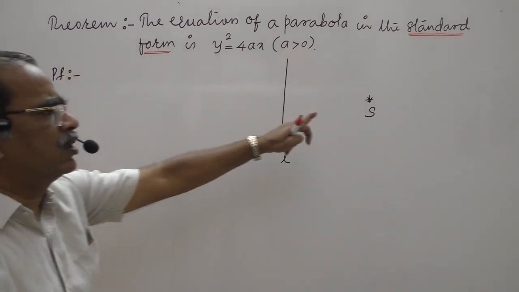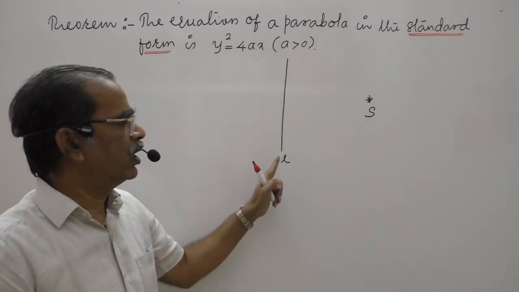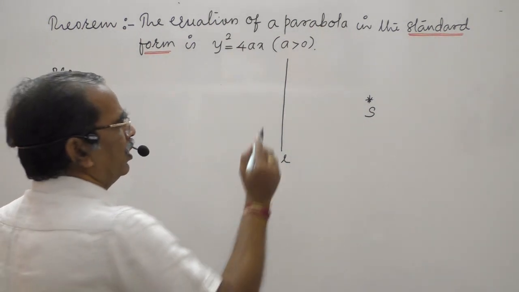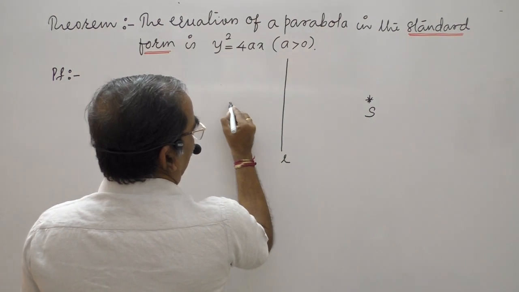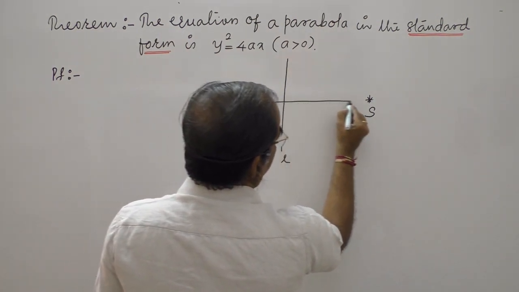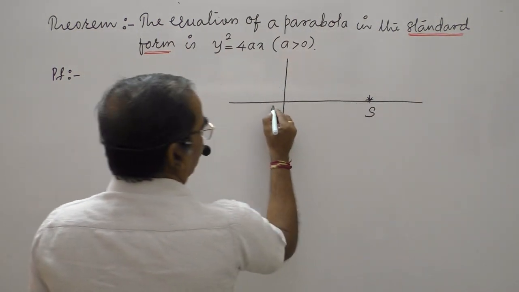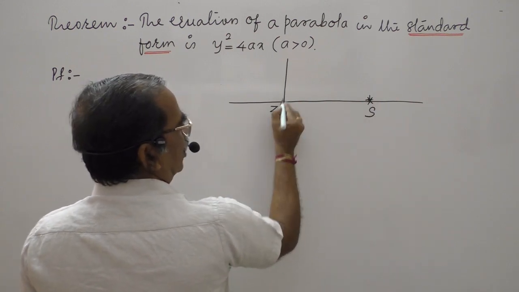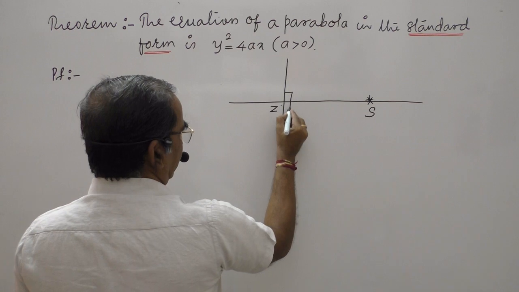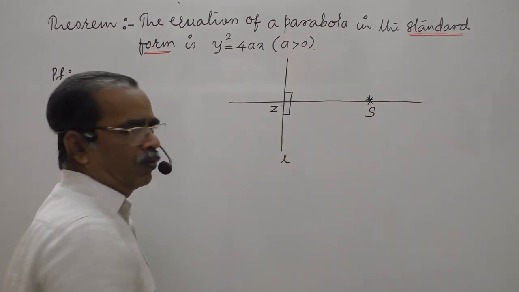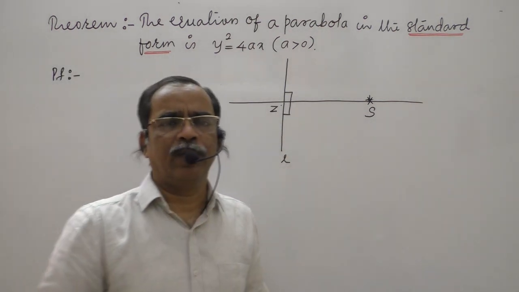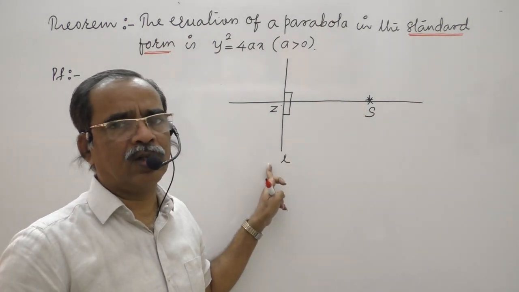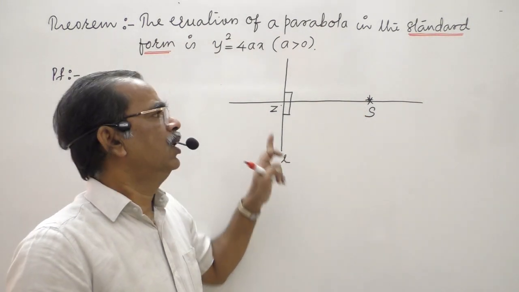Yes. First step, let S be the focus, L be the directrix. Next, second step, draw a perpendicular SZ from focus to directrix. Once again, first step is let S be the focus, L be the directrix of a parabola.